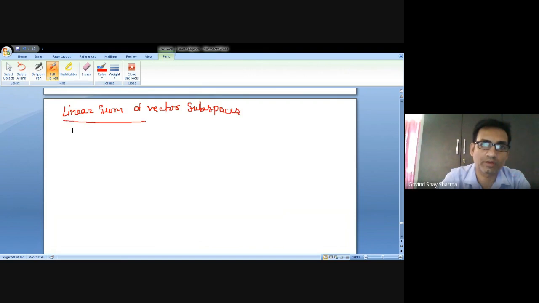Linear sum or direct sum is defined as follows. Let U_F and W_F be two vector spaces, where F is the field.